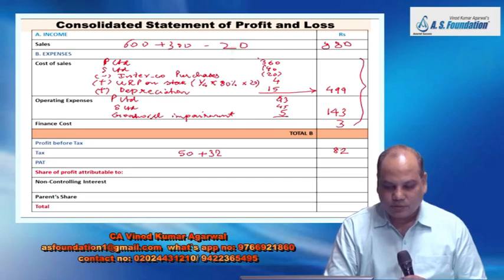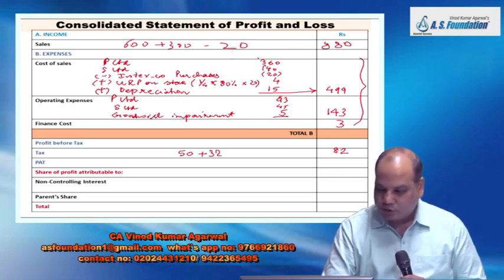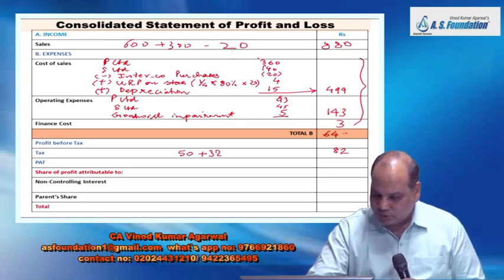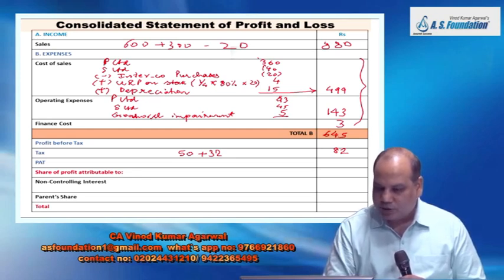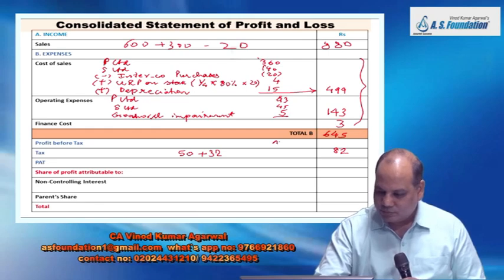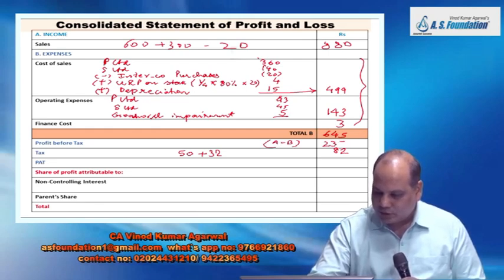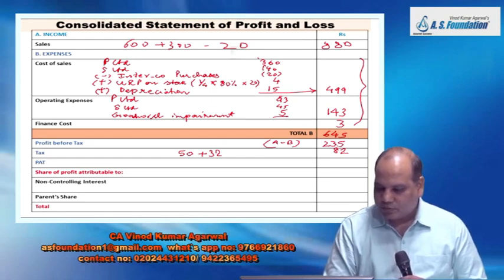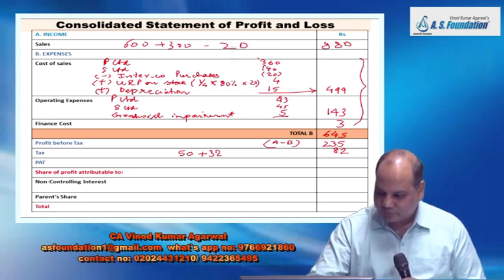Total of expenses. 640. Okay. Now you tell me PBT. A minus B. 235. Tax is 82. Profit after tax 153.